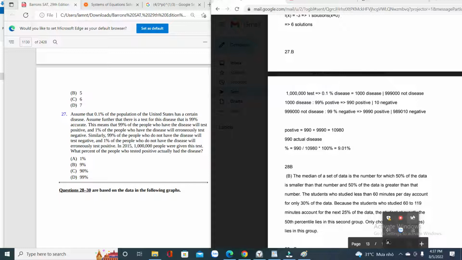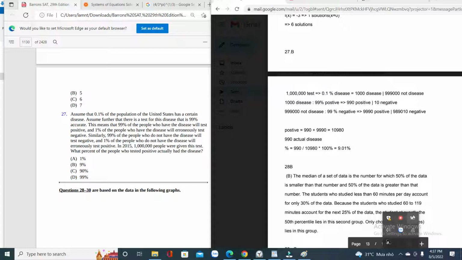Okay, and similarly, this rule also applies to the set of those people who do not have the disease, right? So 999,000 don't have the disease, and only 99% test negative. That means 9,990 are positive, with 989,010 testing negative.